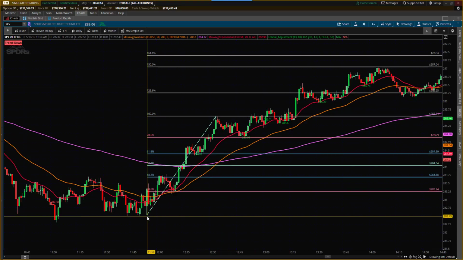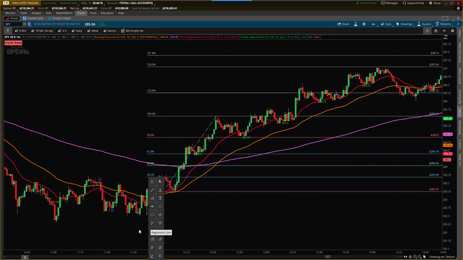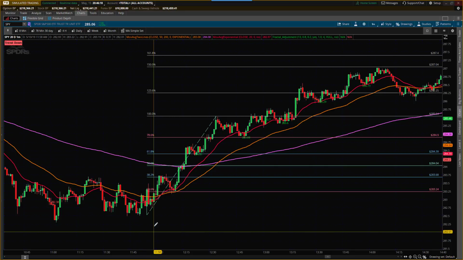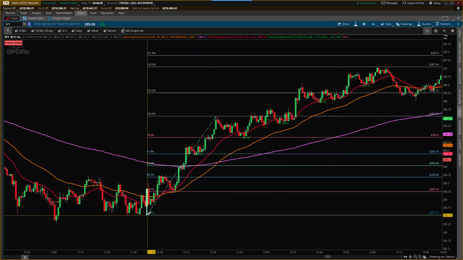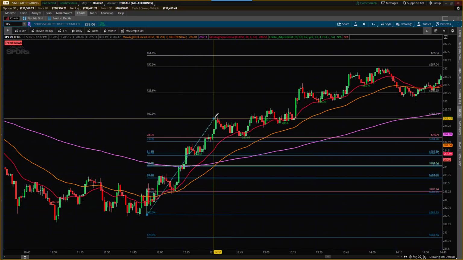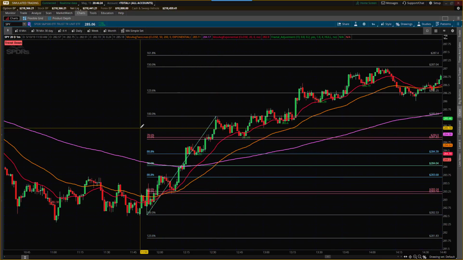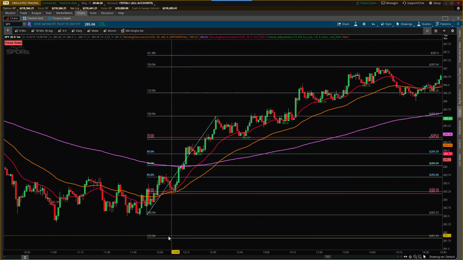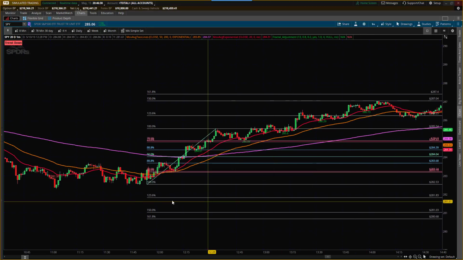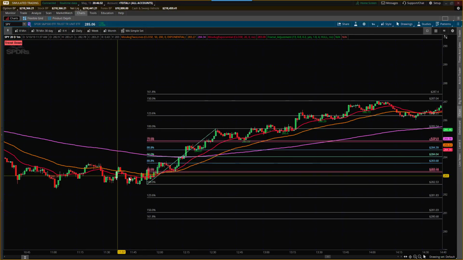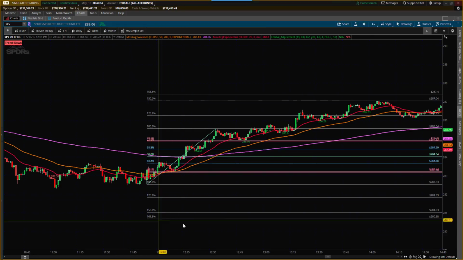If I had drawn this line from the bottom to the top, from here up to here, well, those lines would be down here. It would give me an extension below the market.